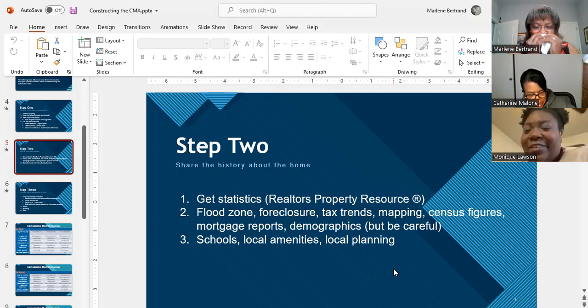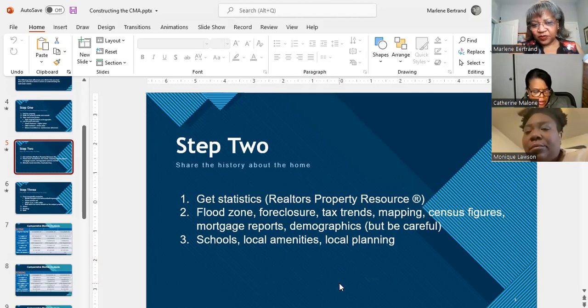But you can give them a report. Say in the tax records, if you go to RealTax through MetroList, you can pull up these demographics yourself. You actually don't need Realtor's Property Resource. You can use RealTax, the program through MetroList.